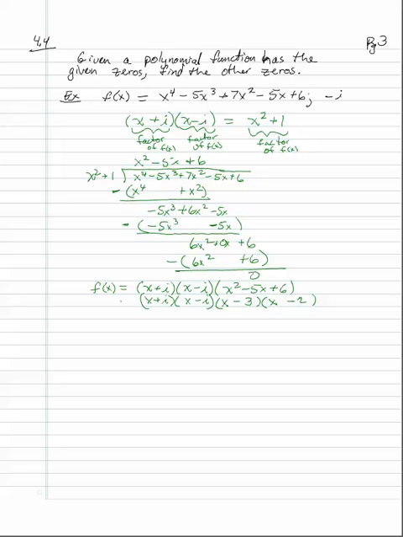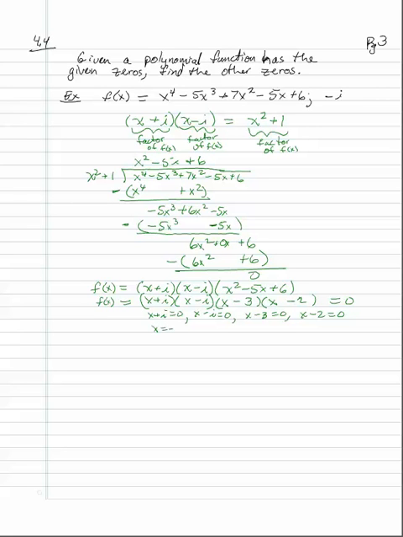Okay, so now to find the zeros, you set each factor equal to 0 and then solve them.